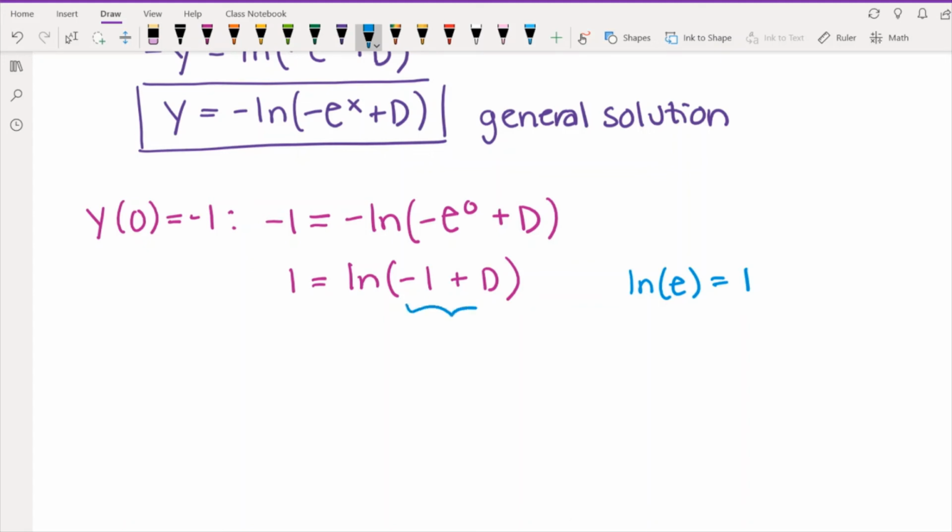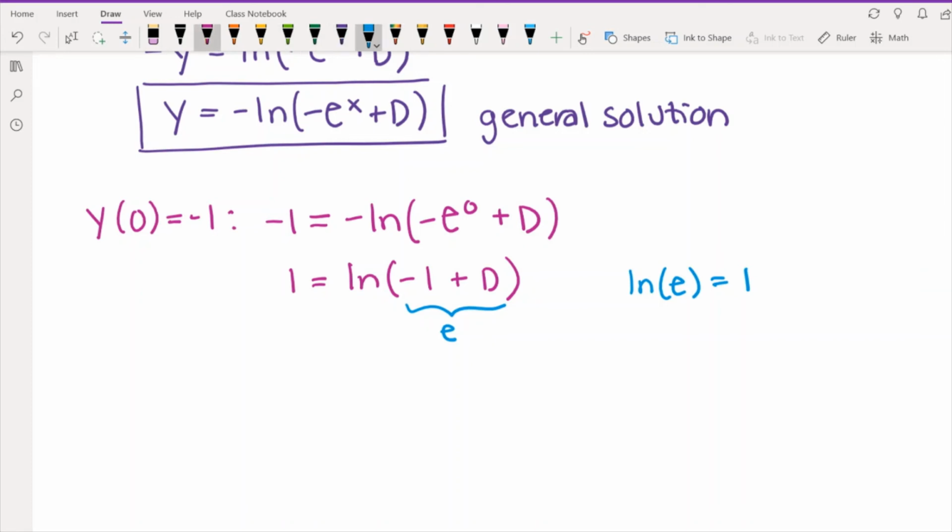So that tells us that this whole thing has to be e. Alternatively, if you do e to the 1 is equal to e to the ln of the whole thing, you'll get exactly what we just said, but I think it's easier to just remember that fact. What can you plug into ln and get 1? Well, e. And so everything that's inside of this has to be e.